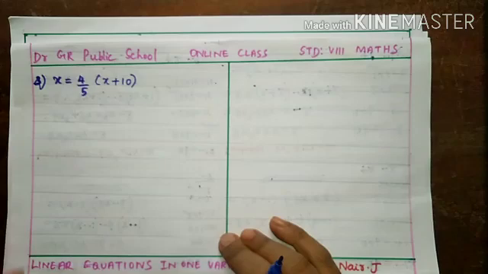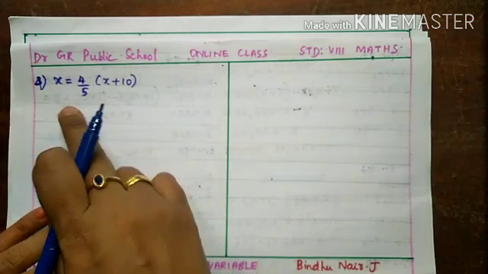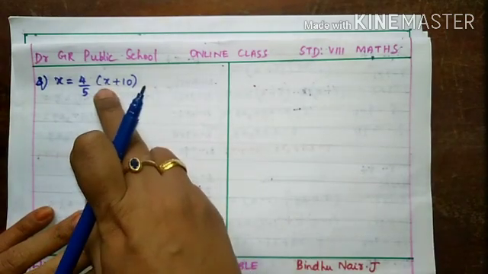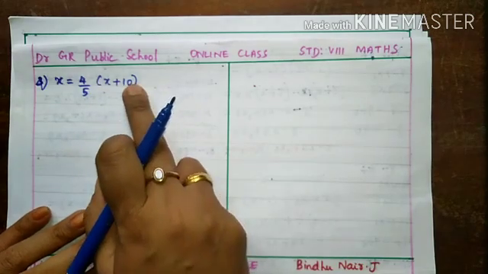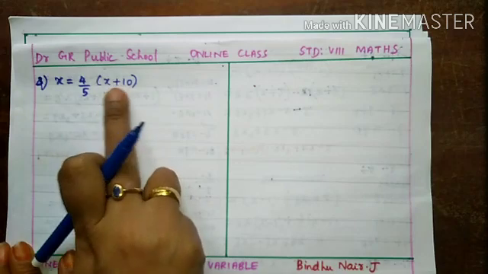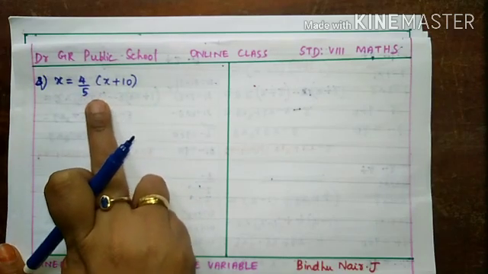Okay, now you see children, here is another type of problem. What is the question? X is equal to 4 by 5 into x plus 10. So here x plus 10 on the right side is written in a bracket and it is multiplied by 4 by 5.